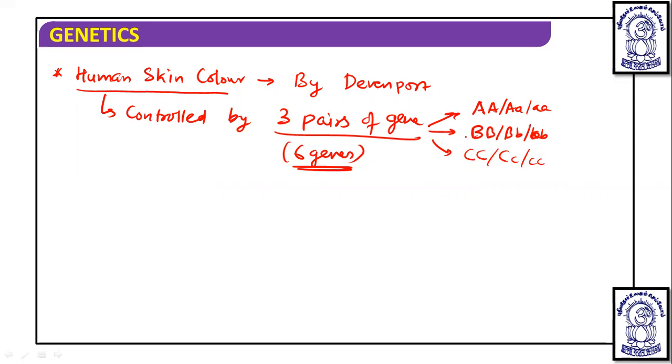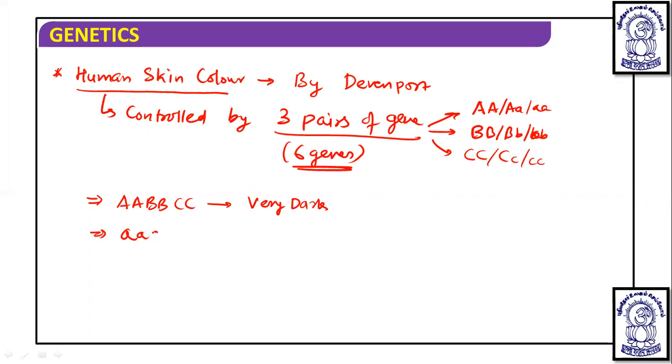So what are those genes and how do they contribute? Here you will see, when all are in a dominant form, they are going to give a very dark phenotype, because all genes are contributing to the melanin production, all the 6.